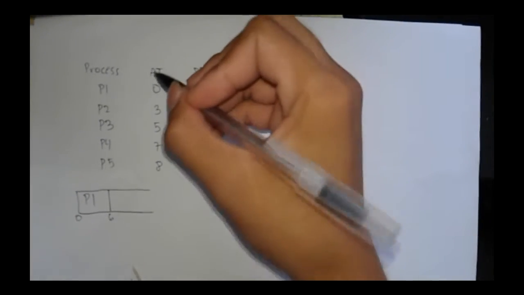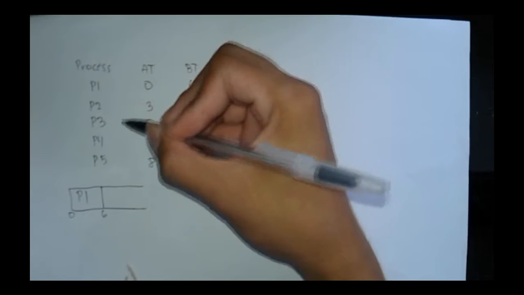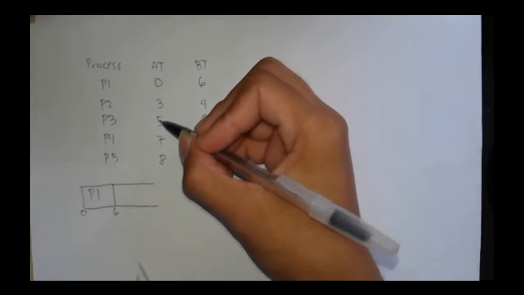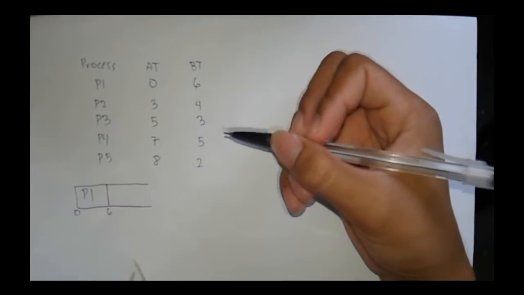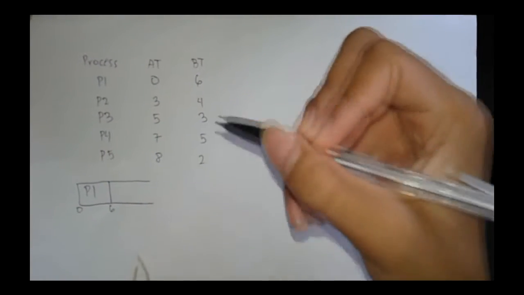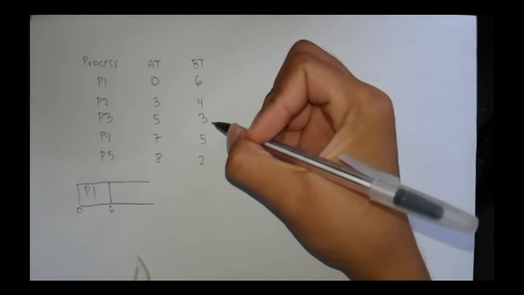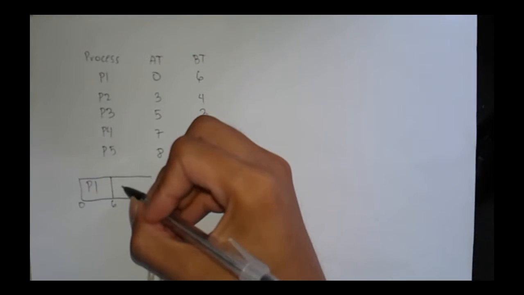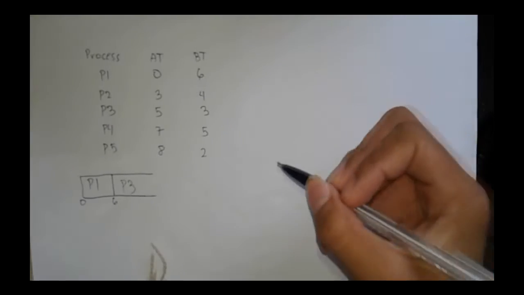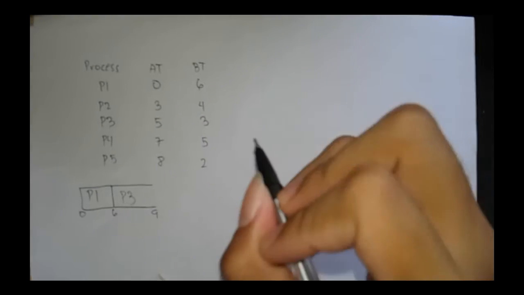So take a look at the arrival times. P2 and P3 have arrived at 3 and 5. So we need to compare their burst time. The lower burst time will execute first. So P3 has a burst time of 3, so it will enter and end at 9. 6 plus 3 equals 9.